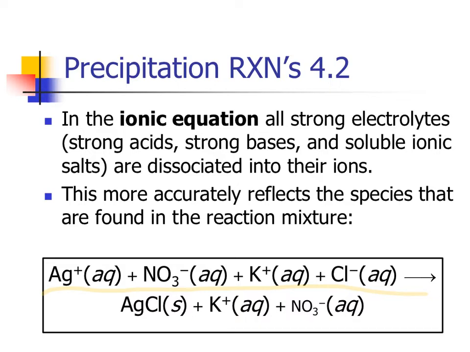They break everything down, and then we can see below the line that the silver chloride is together because it's a solid. Anything that is a solid, liquid, or a gas does not get broken up into its ion forms.